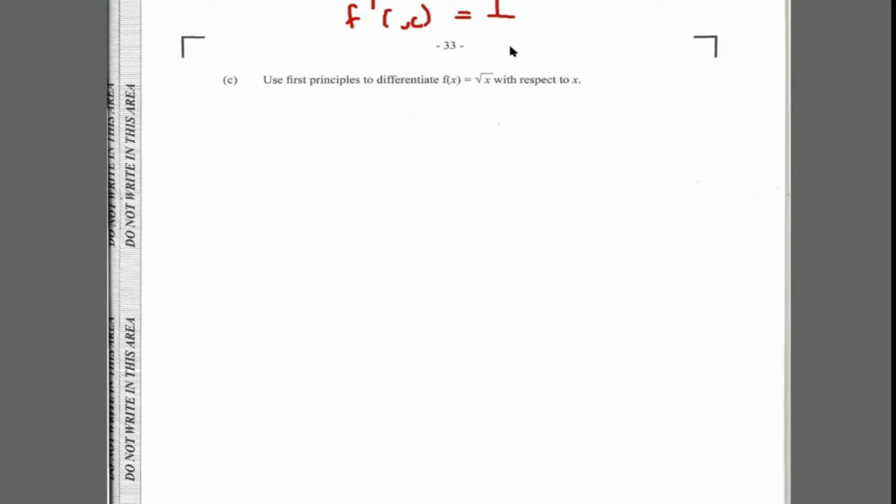So f prime of x should be a half x to the minus half, which can be written as 1 over 2 root x. That's what I should get.